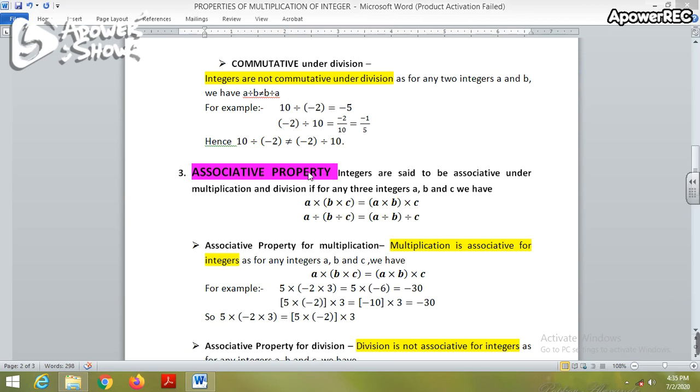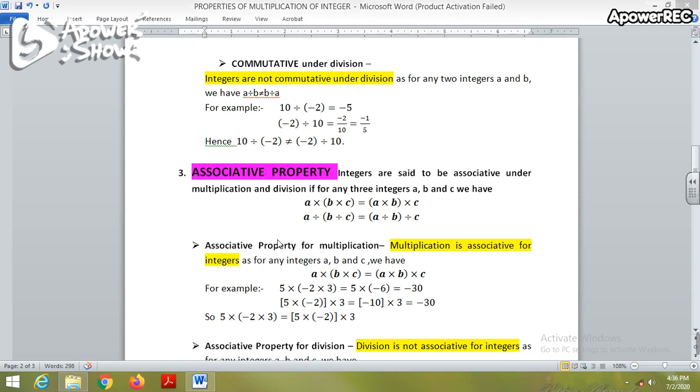Again, integers are said to be associative under multiplication and division if for any three integers a, b and c, we have (a multiplied by b) multiplied by c equals a multiplied by (b multiplied by c), and they are said to be associative under division if (a divided by b) divided by c equals a divided by (b divided by c).